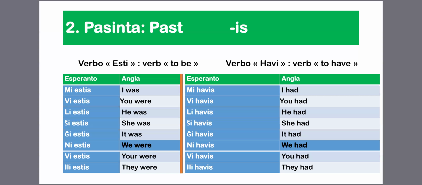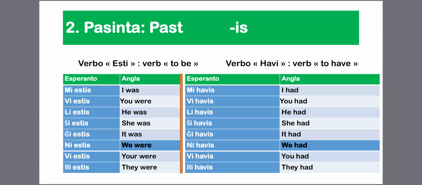So this is how we can use each verb. If you say the verb to eat, manĝi, to eat in past, you know that it is manĝis. If you say I want to run, it is kuri. And if you want to use to run in past, you say kuris. So in each verb, you need only to add IS at the end, and this verb becomes the past.